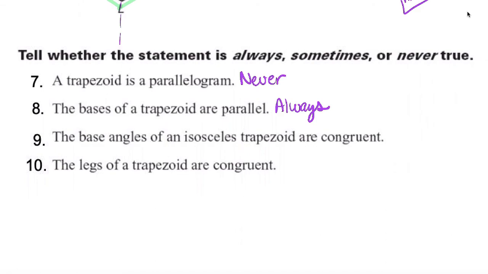The base angles of an isosceles trapezoid are congruent. This is one that I'm feeling a little bit wishy-washy on because there's two base pairs in an isosceles trapezoid. So like all of the angles are called base angles, and they're not all congruent to each other. So I'm going to say sometimes here.